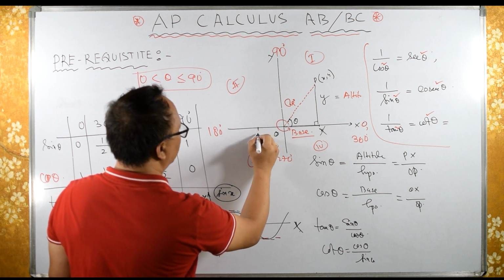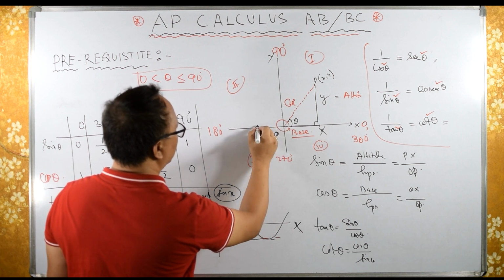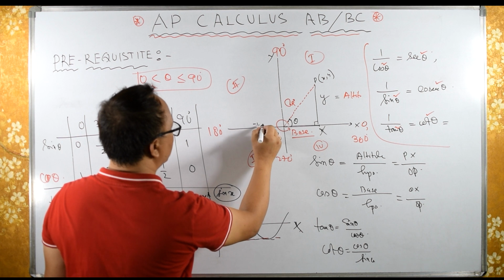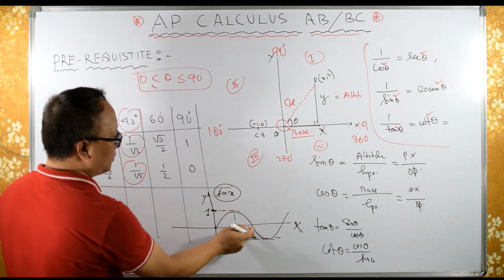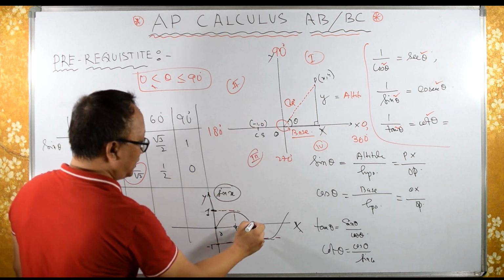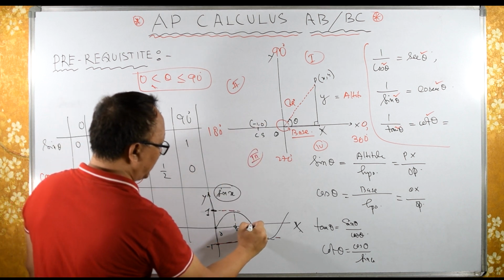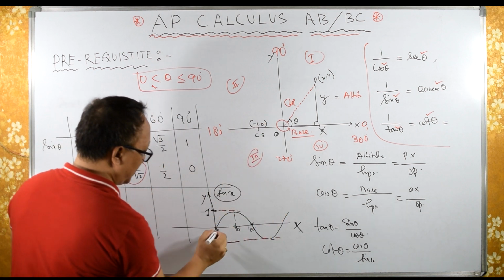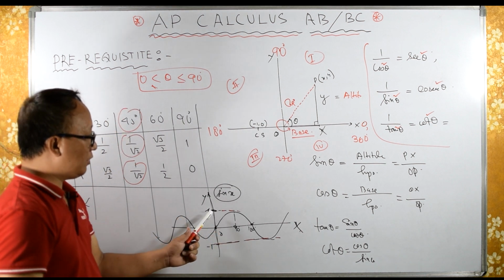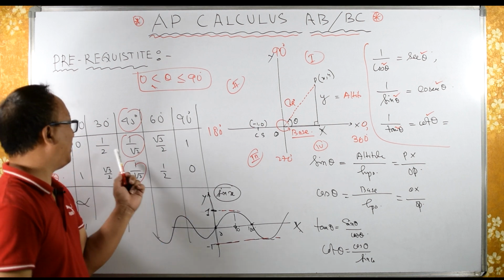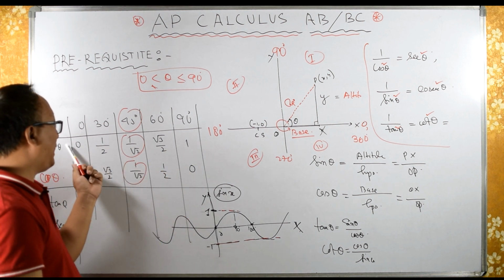Sine 180 is 0 over here. Similarly, it rotates like this. So it goes to a maximum of 1 and a minimum of minus 1.